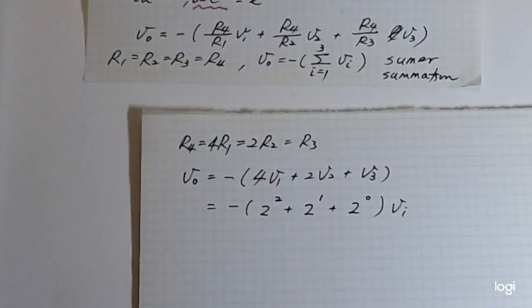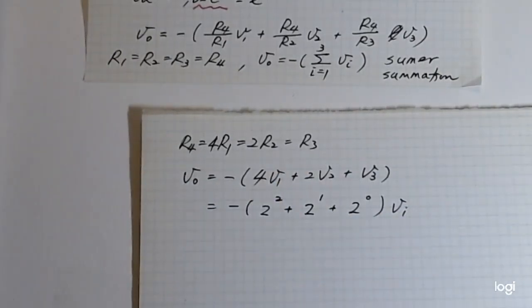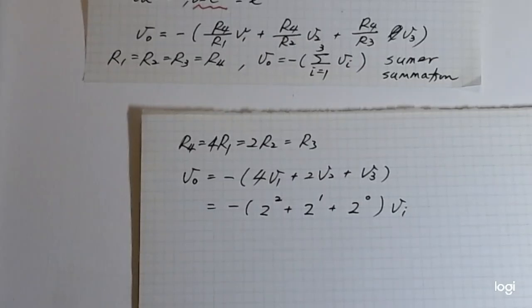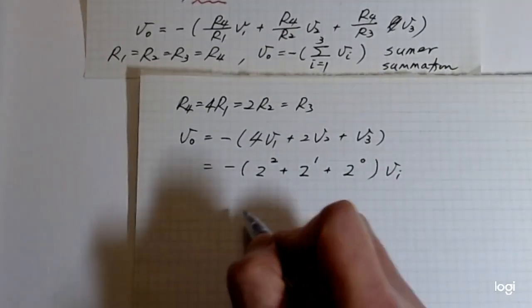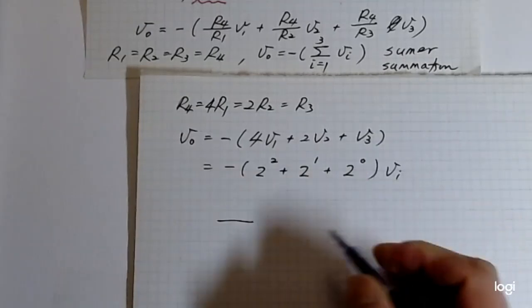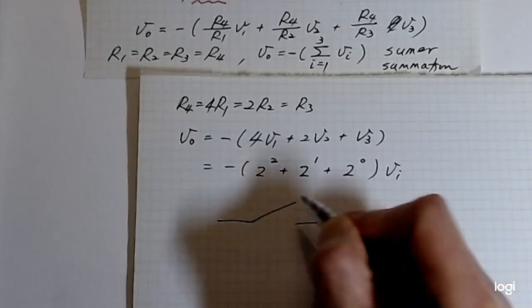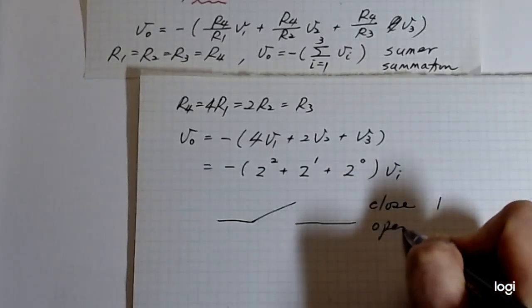So what is this one for? This is for analog to digital, digital back to analog signals, a D/A converter. In other words, I can generate a circuit with on-off. If it's closed, connected, it's 1. Open, it's 0.